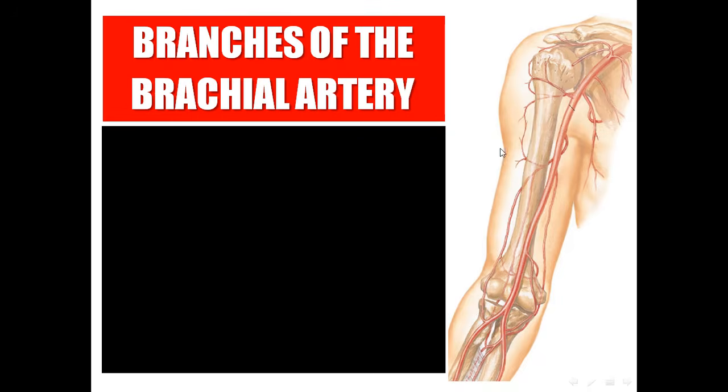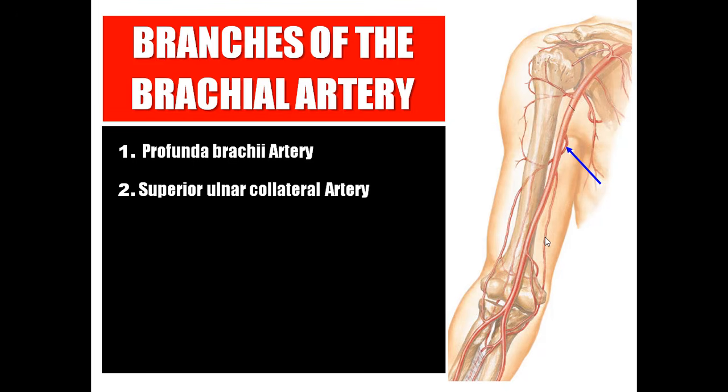This is the first branch and the largest branch, profunda brachii artery. This is the second branch, going behind the medial epicondyle, superior ulnar collateral. And this is the third branch, going in front of the medial epicondyle, inferior ulnar collateral.